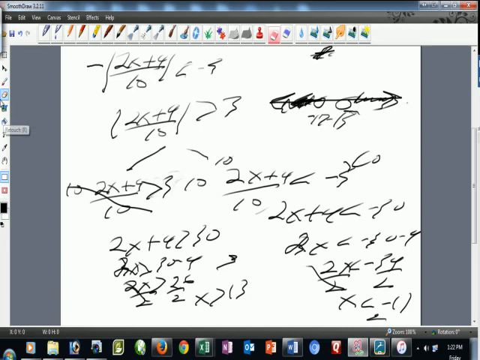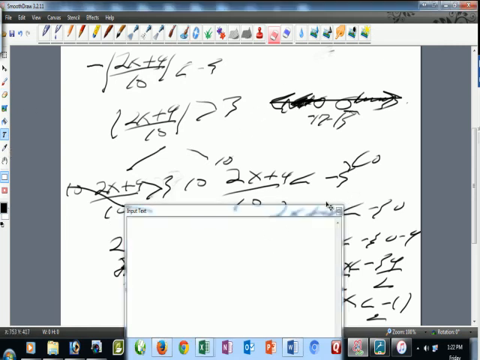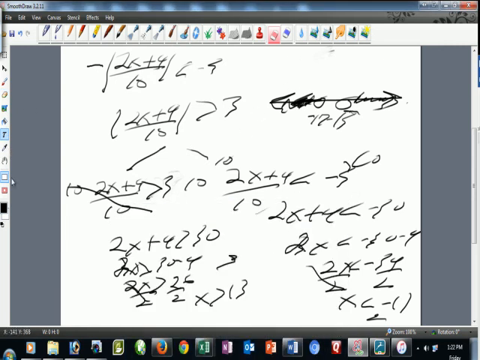That is a disjunction, right? And what does that tell you also about being a disjunction?